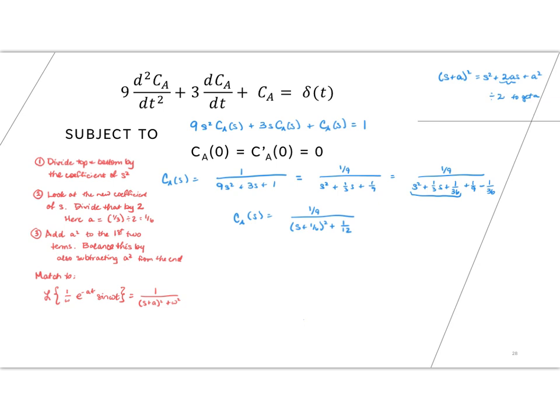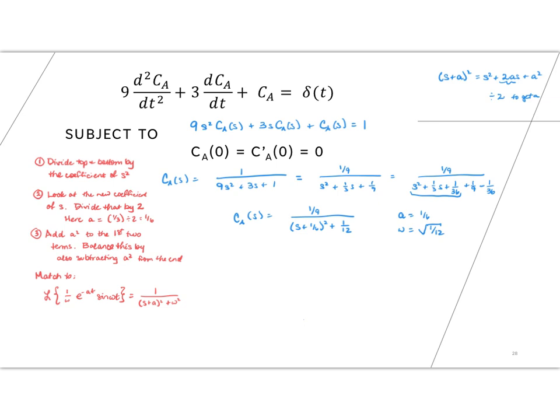So the form that we're looking for is 1 over (s plus a) squared plus omega squared, and that is the Laplace transform of 1 over omega e to the minus at sine of omega t. In this case, a is 1/6, and omega is the square root of 1/12. You can rationalize that if you wish, or you can just work with it like that. It's fine. Normally, you would probably get a calculator out, right?